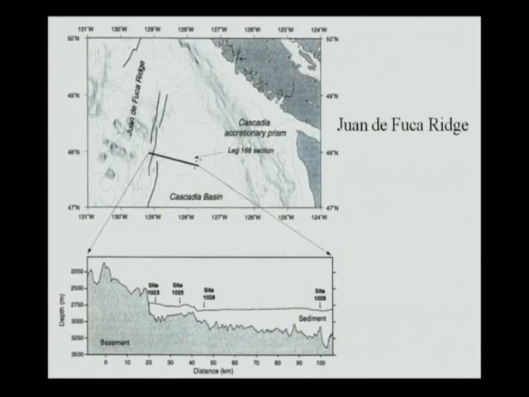So here is one of the first adventures. I received an email from Harry Elderfield from Cambridge on board the drilling ship.